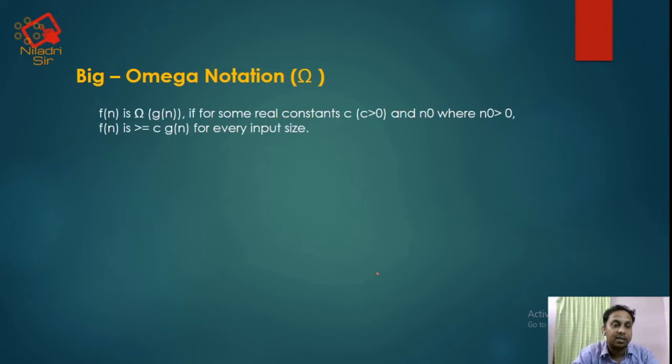So f(n) is omega of g(n) if, for some real constant c, where c is greater than 0, and n0, where n0 is greater than or equal to 0, f(n) is greater than or equal to c of g(n) for every input size.